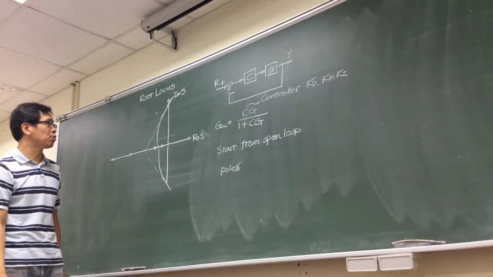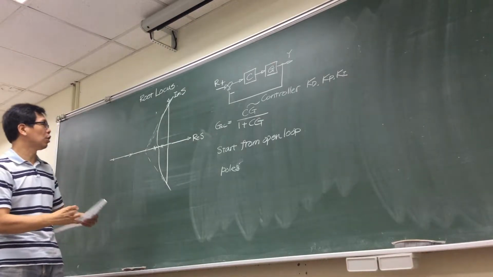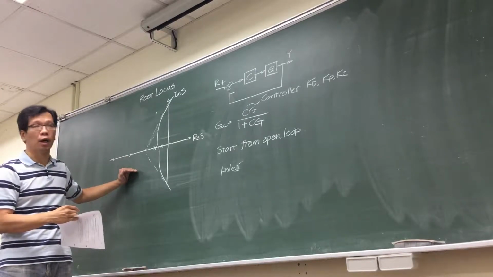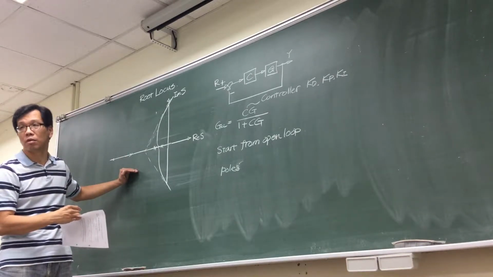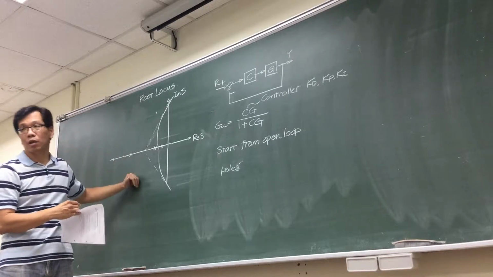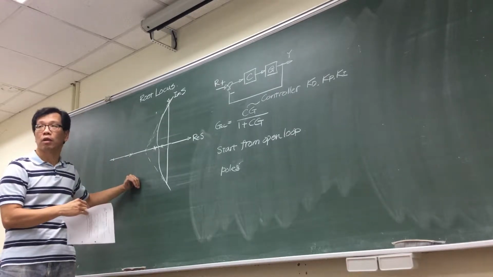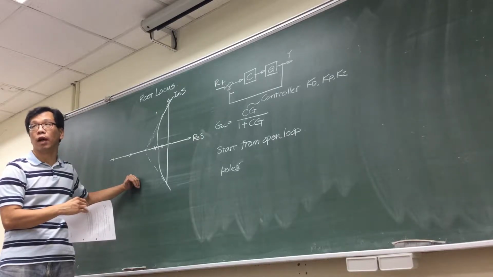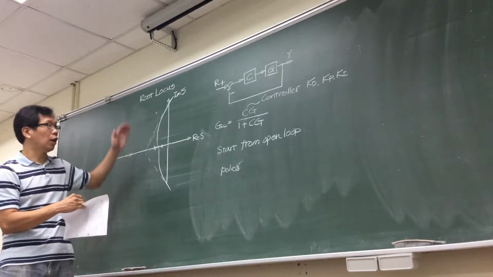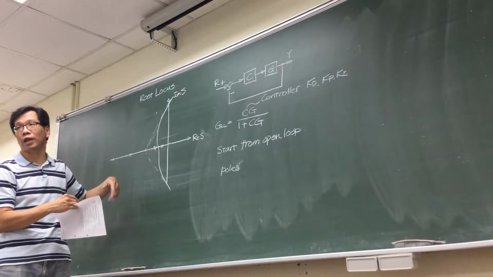Depending on how many poles, how many zeros you have, you're going to determine the angles based on the number of poles minus zeros. If you have higher orders, this one can be weird, but do not worry about that. If it's in the test, I'm not going to give you higher than 3rd order, 4th order.